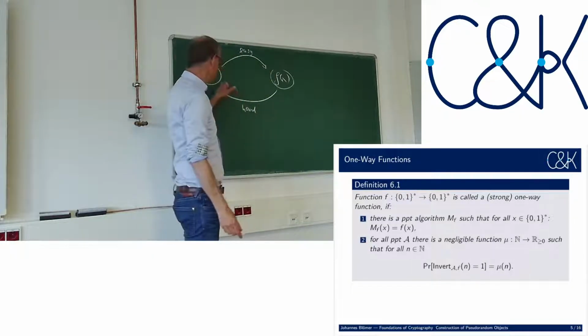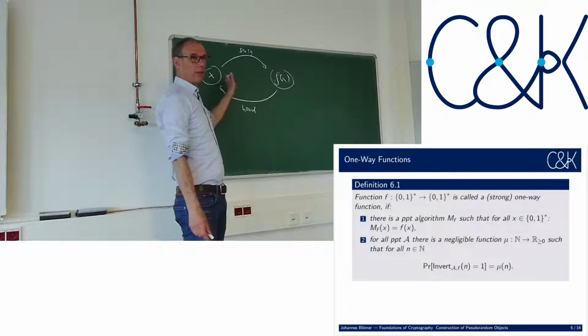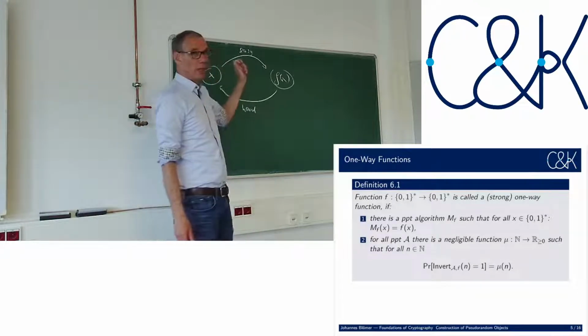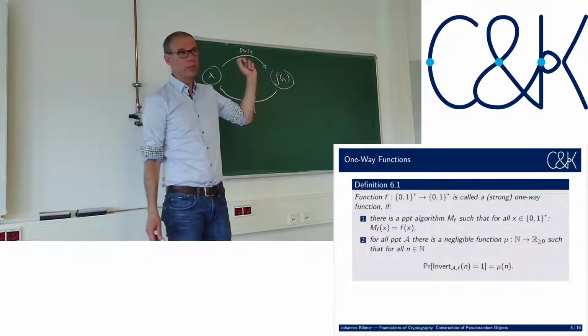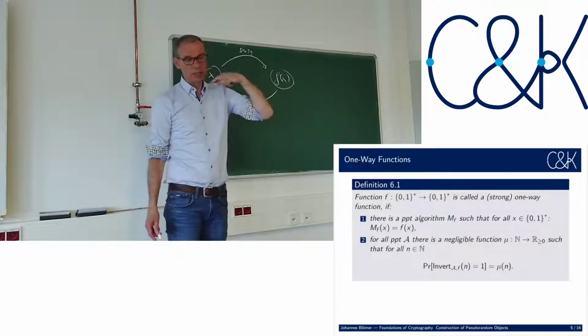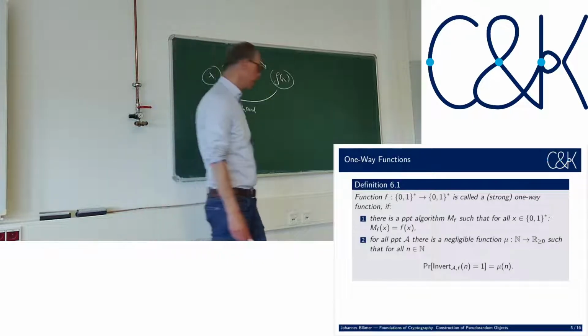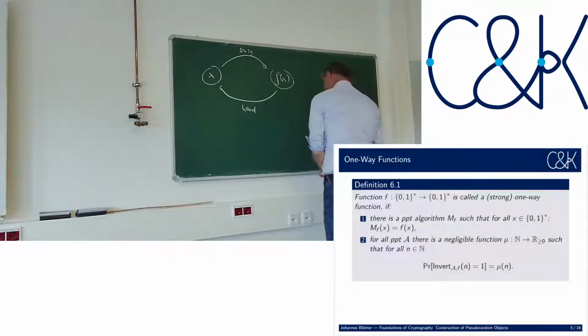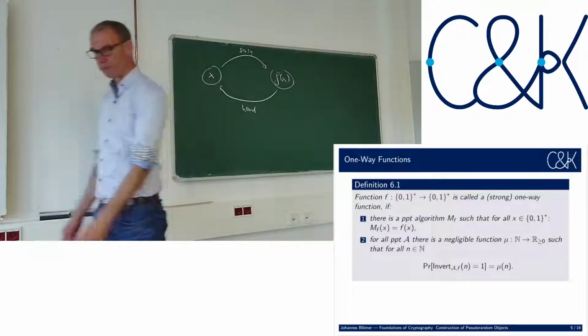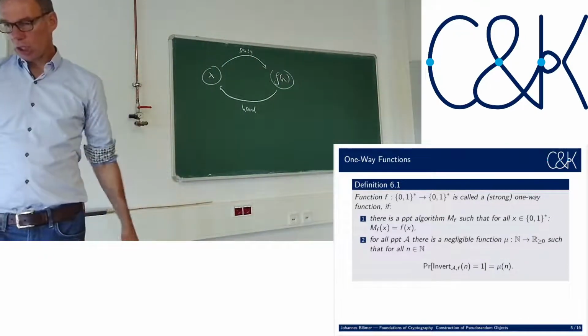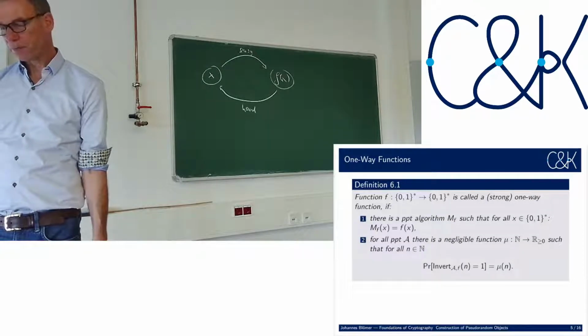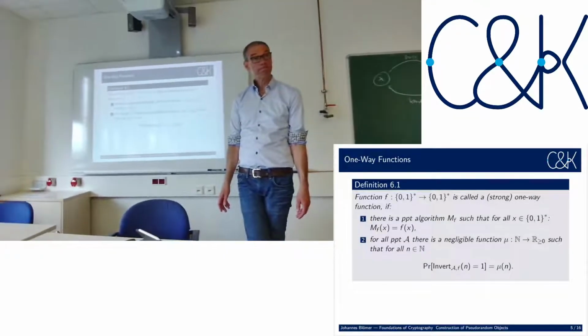But notice that we do not require in the inverting game again that the algorithm reproduces this x. It just has to reproduce one pre-image, not necessarily the one used in the first step of the inverting game. So that's called a one-way function.